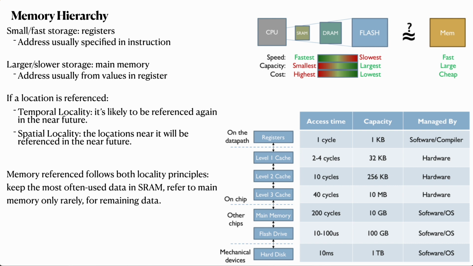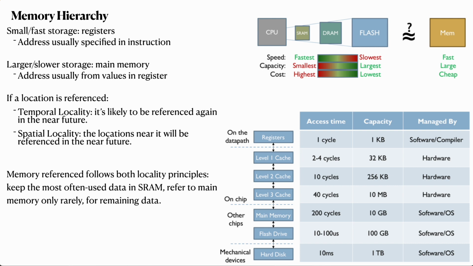And if a location is referenced, the memory reference takes advantage of locality. It takes temporal locality, as the current reference location is likely to be referenced again in the near future. It also takes spatial locality, as locations near it will be referenced in the near future.